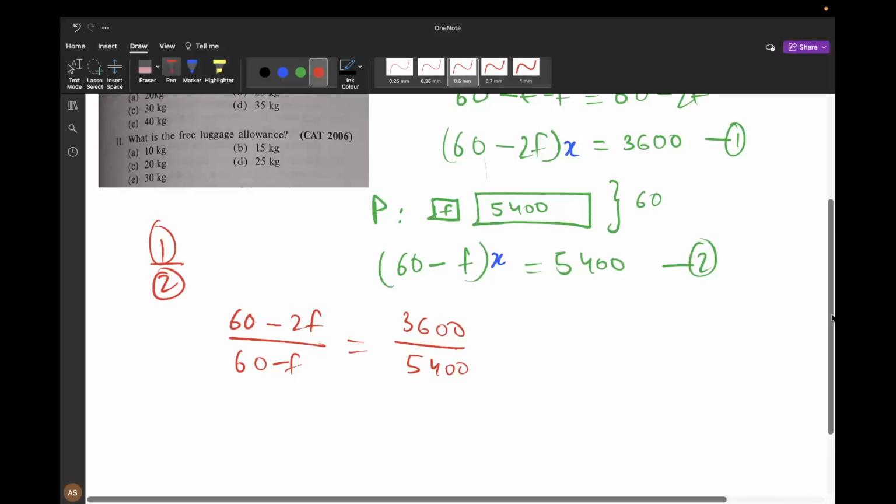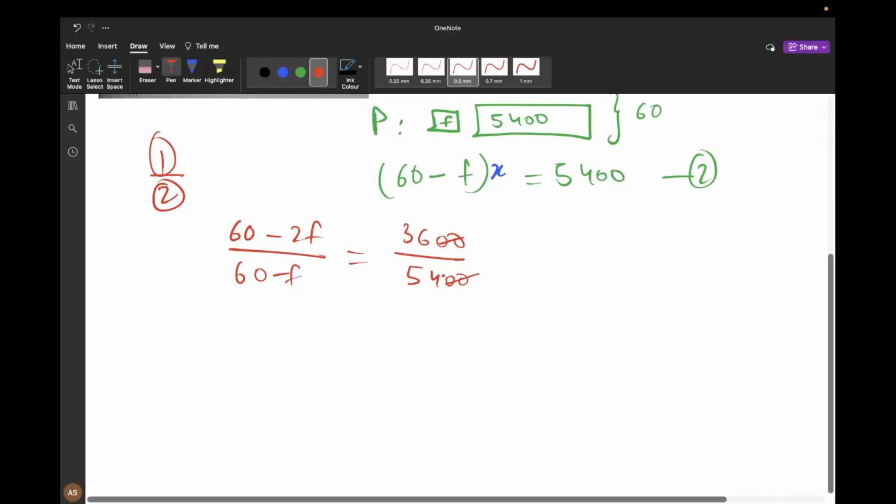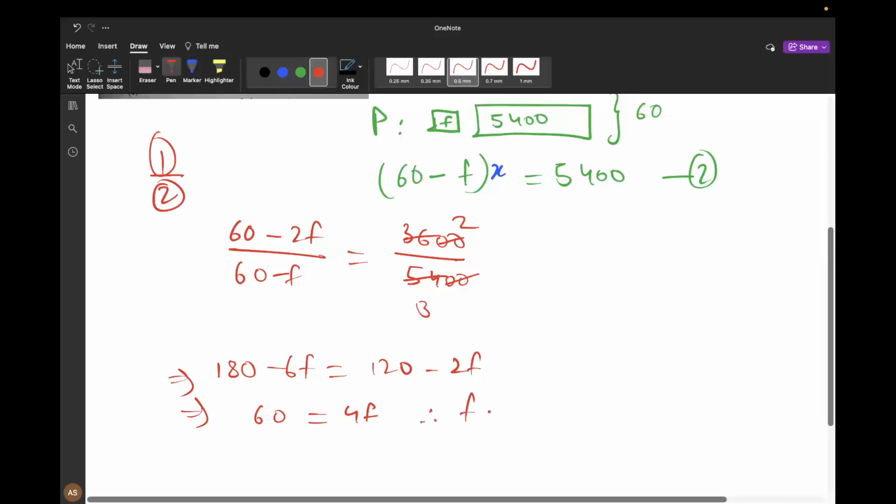Let's solve now. 5400, 100 cancelled. 18 threes are, 18 twos are. Cross multiplication: 180 minus 6f and 120 minus 2f. So essentially it becomes 60 equals 4f. Therefore, f equals 15, right? So we have found out that the free allowed luggage is 15 kg.